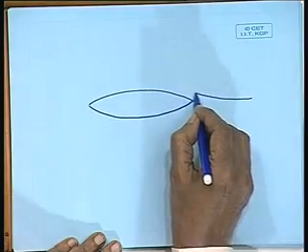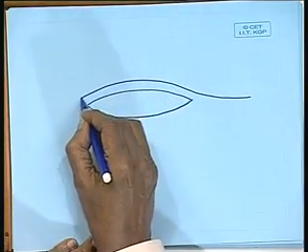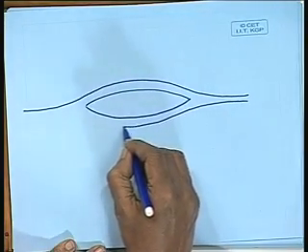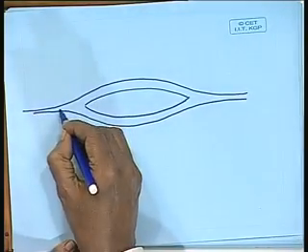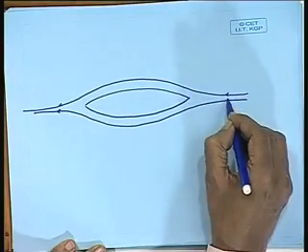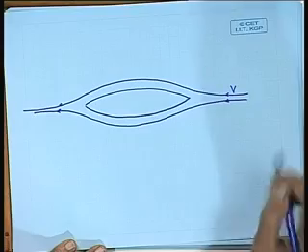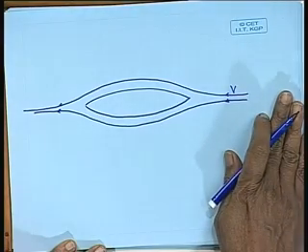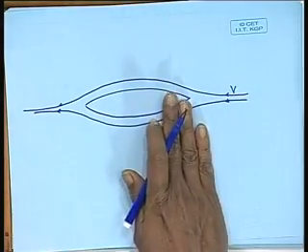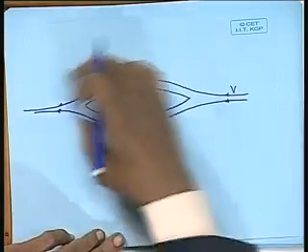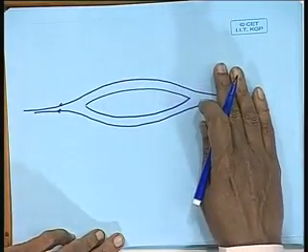So, if the water was moving in the reverse direction, the water would come and encircle the body and go like this, right? This is speed v far away from the body. What will happen around the body? Let us see.